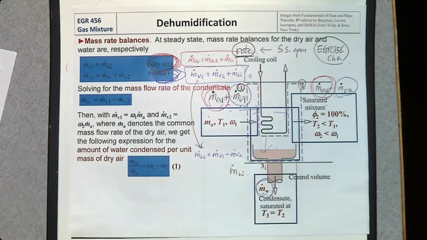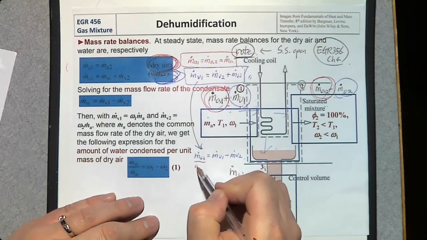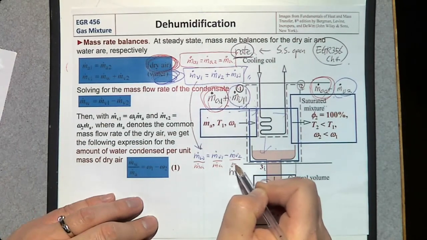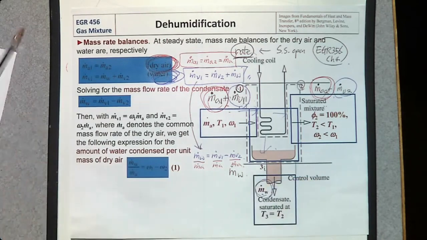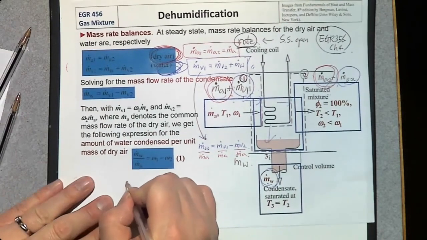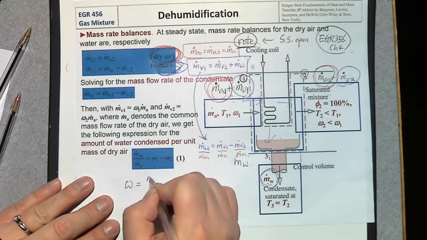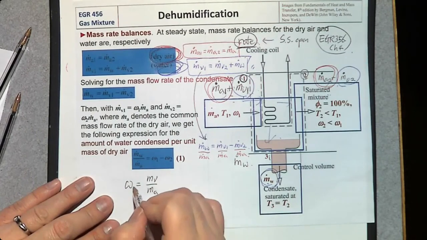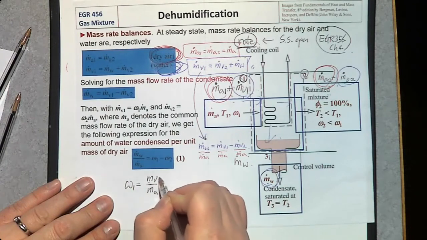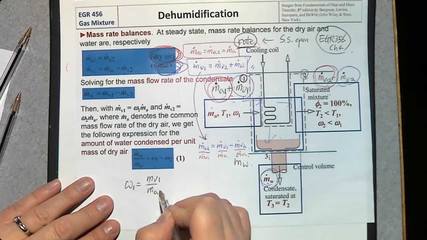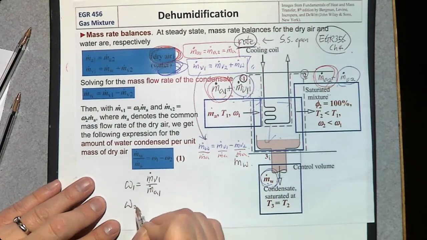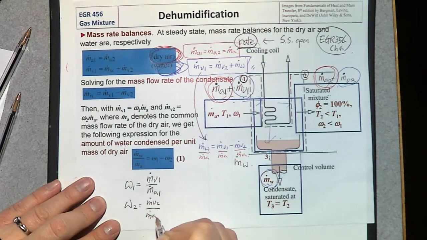If you divide this by m dot of A, by the definition of humidity ratio, omega is m dot v over m dot A. If it is omega 1, m dot v1 divided by m dot A1. If it is omega 2, m dot v2 divided by m dot A2.